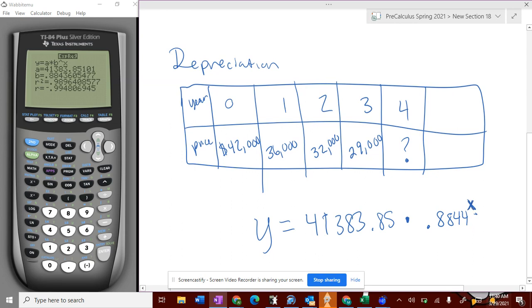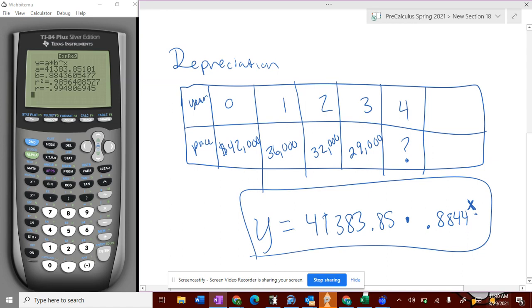Okay, that's my equation. My R value is negative 0.995. Really good R value. Okay.